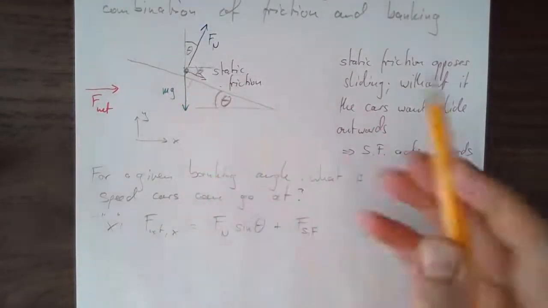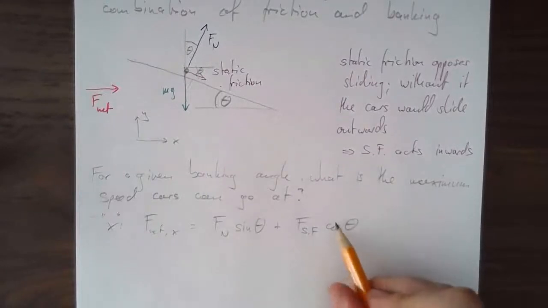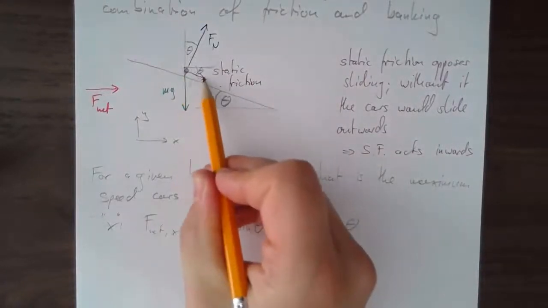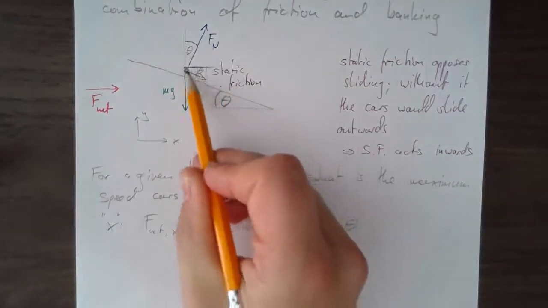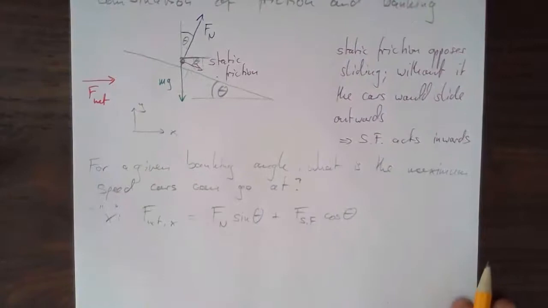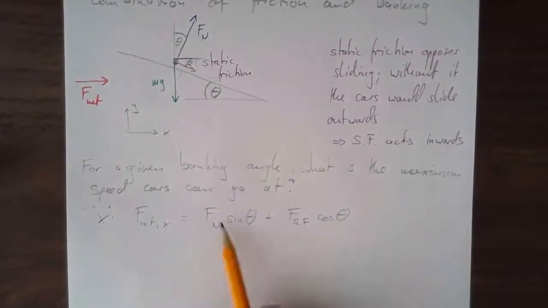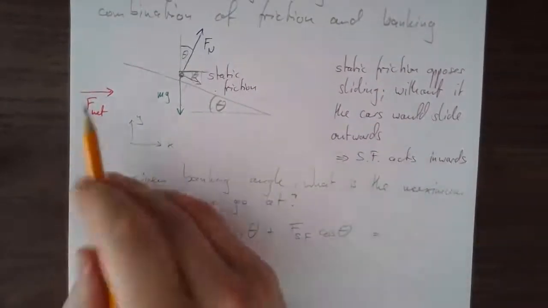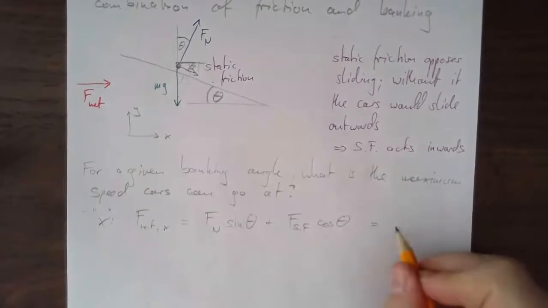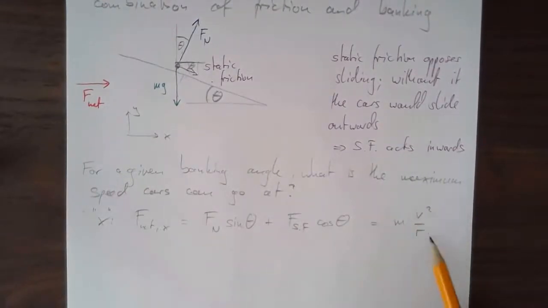I have to take the horizontal component. It's cosine theta. Again, make sure you understand why it's cosine, not sine, right? You can analyze this triangle, find this horizontal component of this static friction force. Always make sure you understand every step, so you can always pause the video. And then what's it equal to? Is it 0? No, it's not 0, because we need a sideways net force. It's going to be equal to mv squared over r, because we're trying to go around a turn, right?